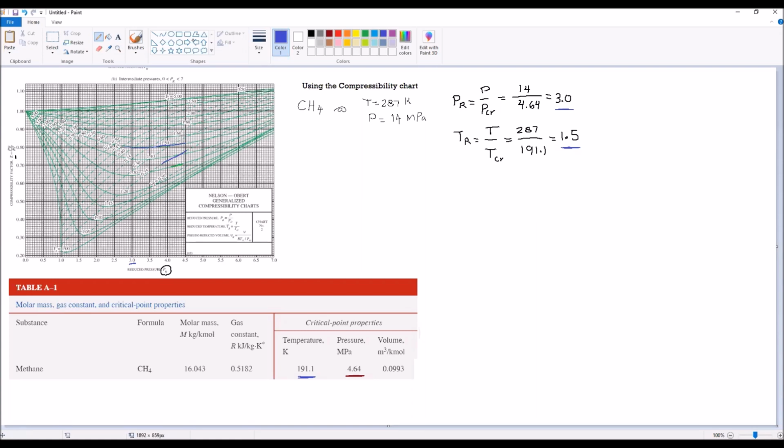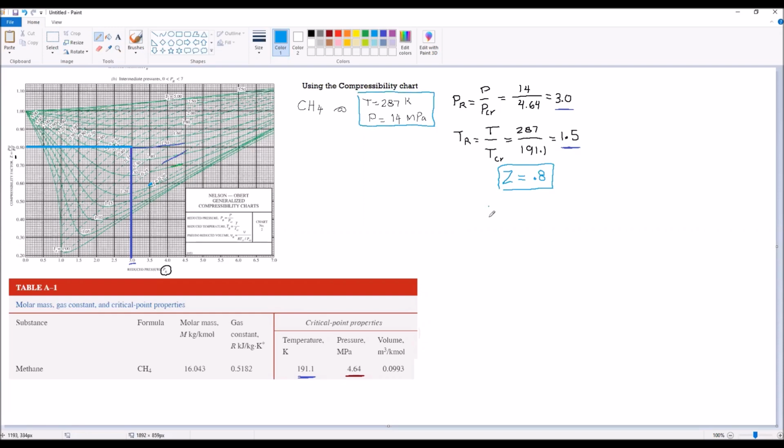If I draw a vertical line from the PR value of 3 until it crosses the TR value 1.5, then I can determine the value of Z as 0.8. So the compressibility factor for this gas at the given condition is 0.8.